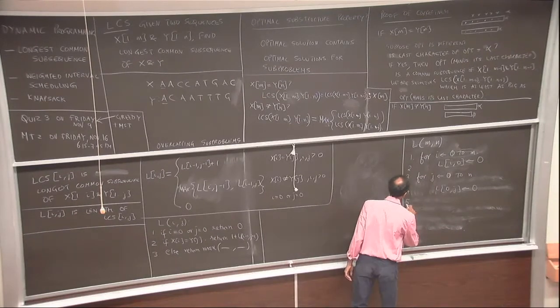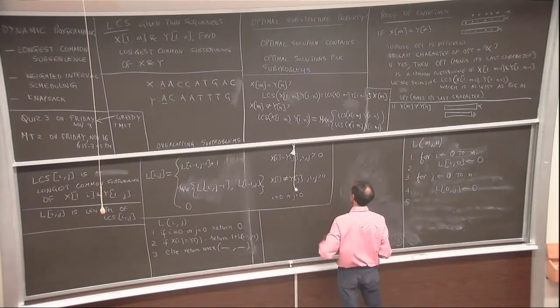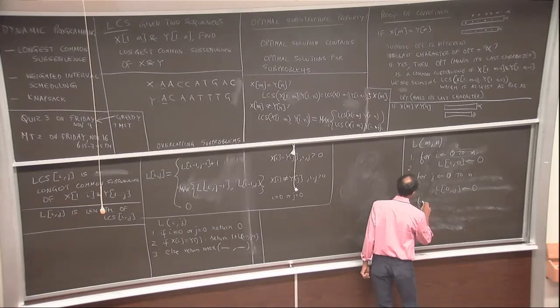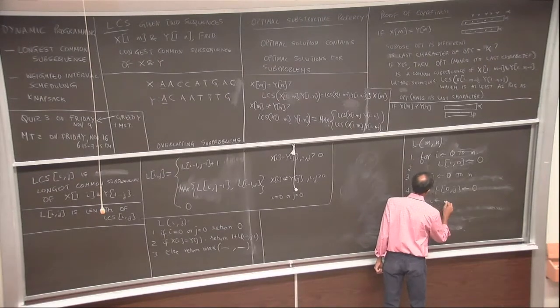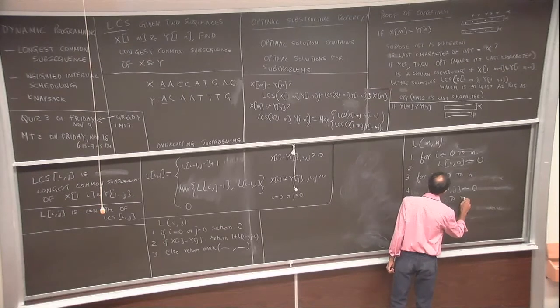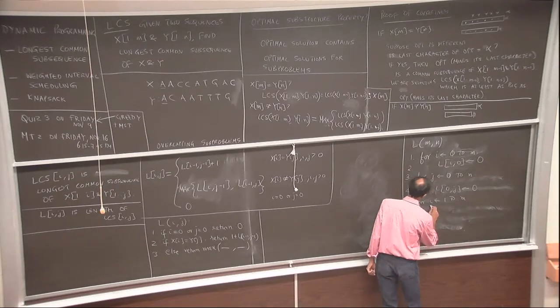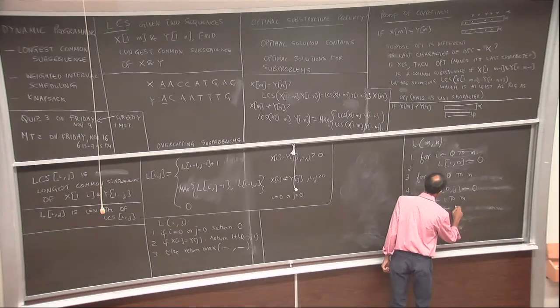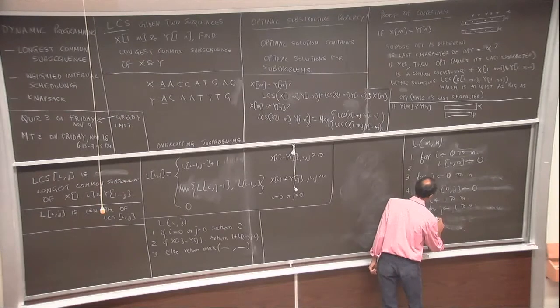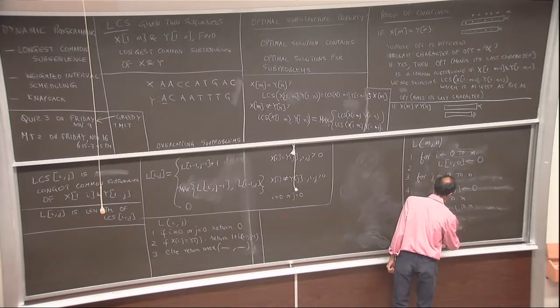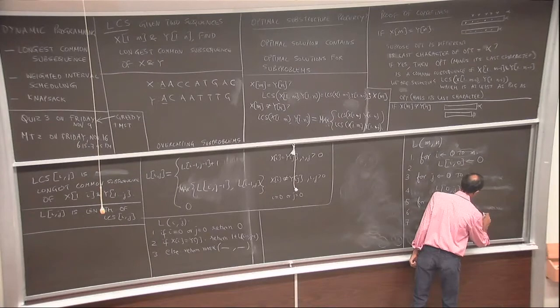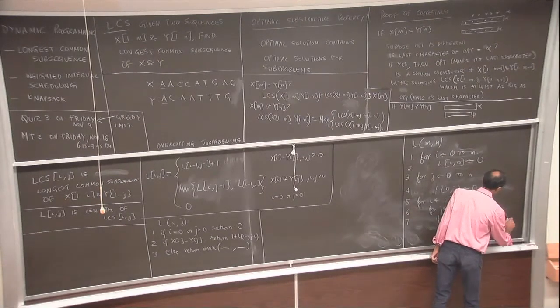And then you check, for i going from 1 to m, for j going from 1 to n: if xi equals yj, then L(i,j) equals 1 plus L(i minus 1, j minus 1).